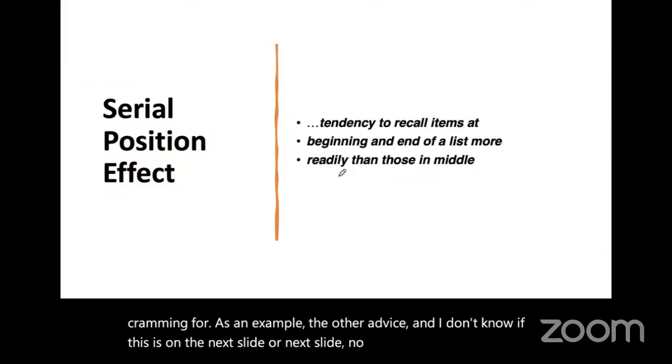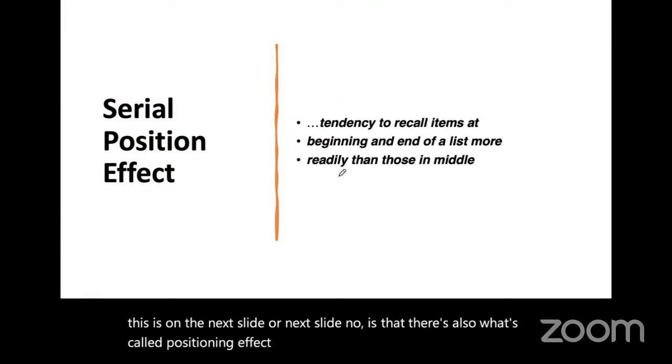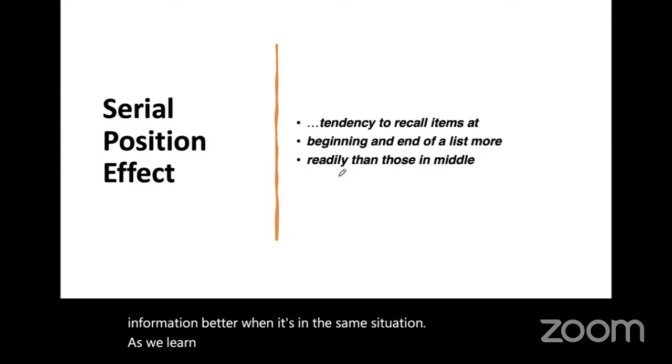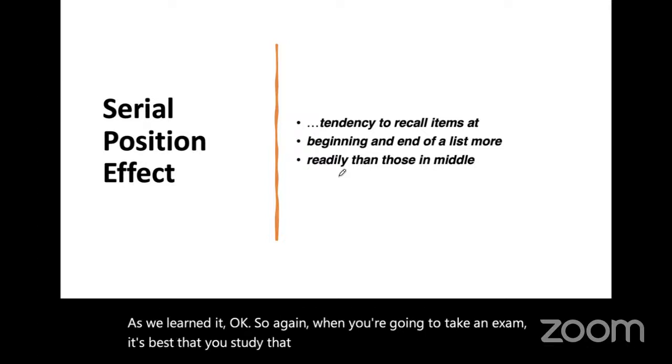The other advice is that there's also what's called place effect, okay? Meaning that we tend to recall information better when it's in the same situation as we learned it, okay? So again, when you're going to take an exam, it's best that you study that information in different locations.